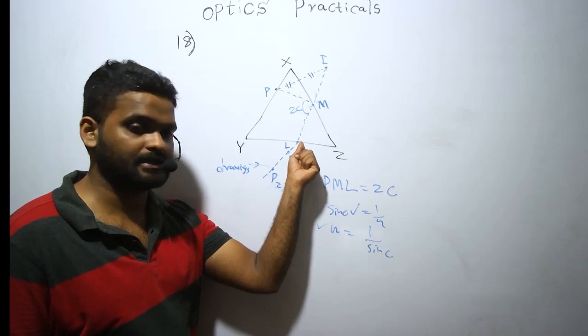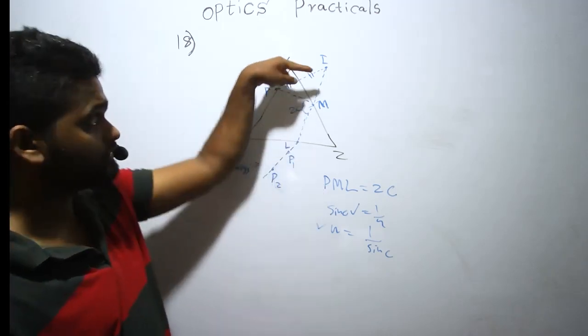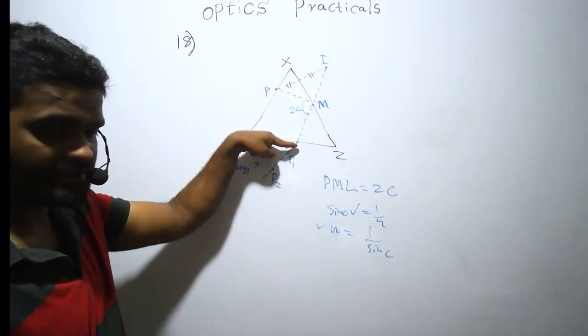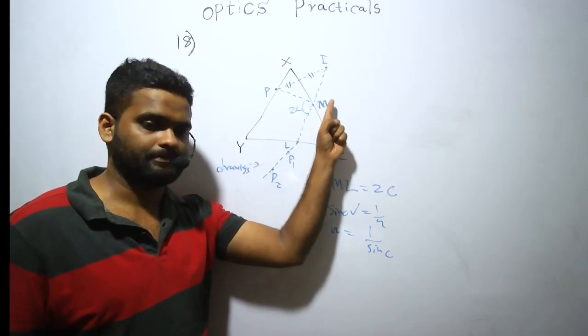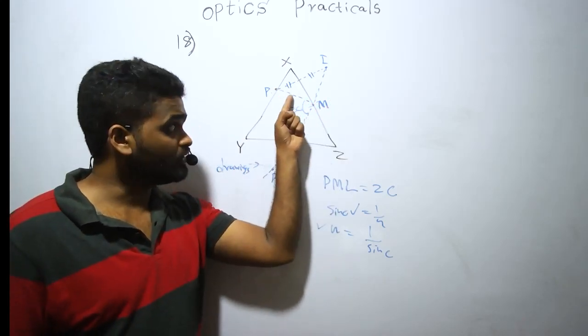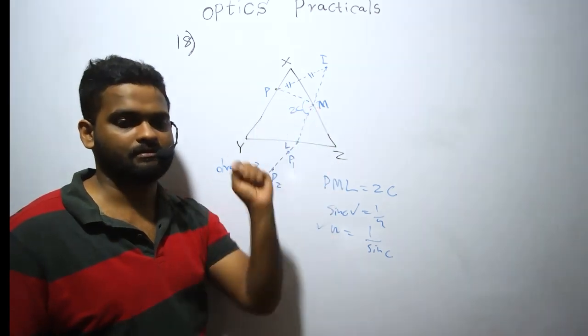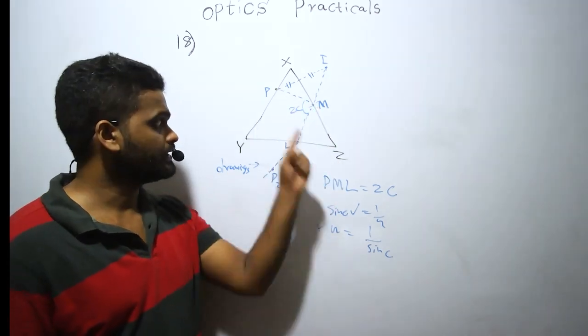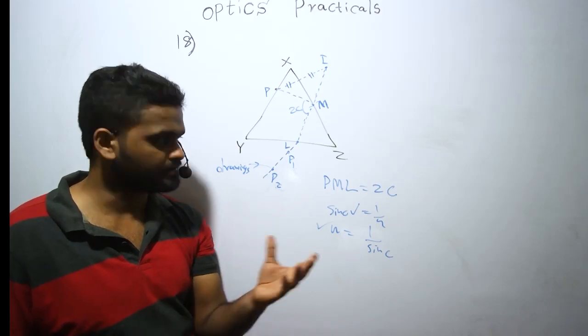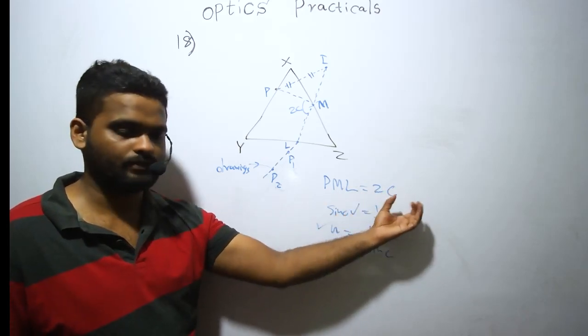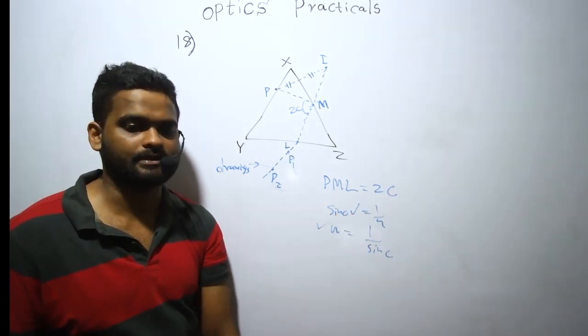Name it as capital L. Then you can draw the IL line. The intersecting point of the IL line is M. Then only, finally, you can draw the PM. Understand? Then PML is going to be twice the critical angle. Then you can use half of that value to find the refractive index.